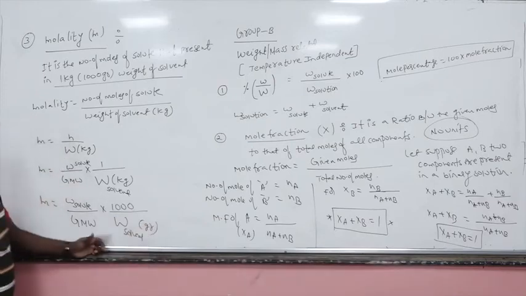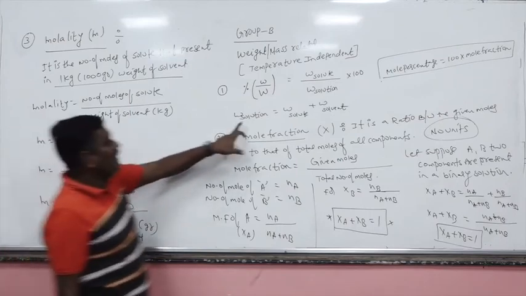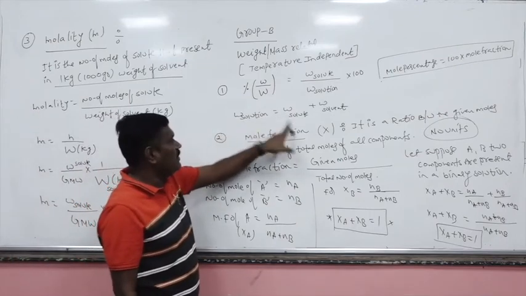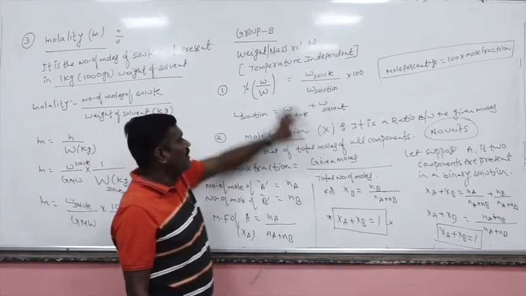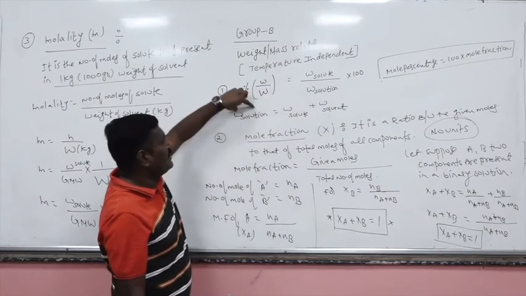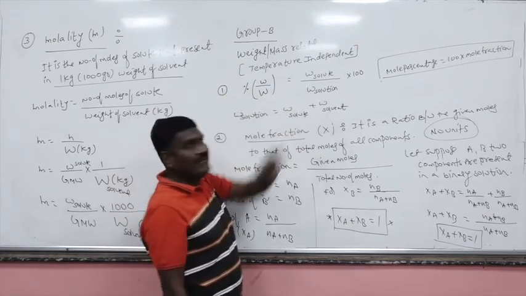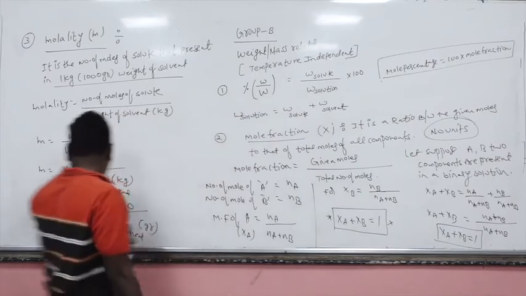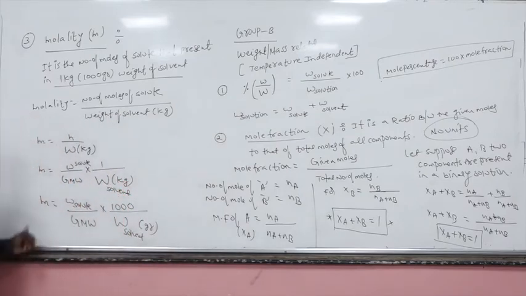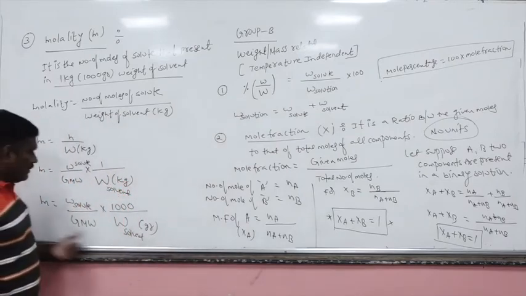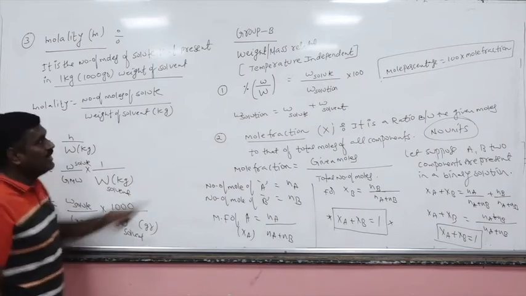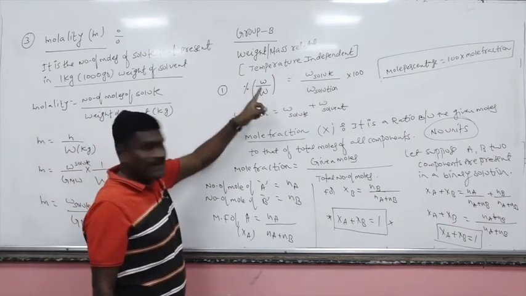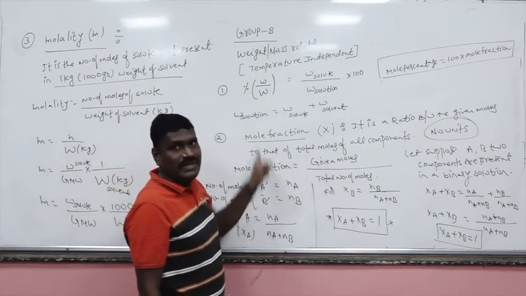How to calculate the weight of the solvent? Here we know the weight of the solution is equal to weight of the solute plus weight of the solvent. If you know the weight of the solute and weight of the solution, we can calculate the weight of the solvent. Now this is temperature independent. Why? There is no volume related term. Here also there is no volume related term.